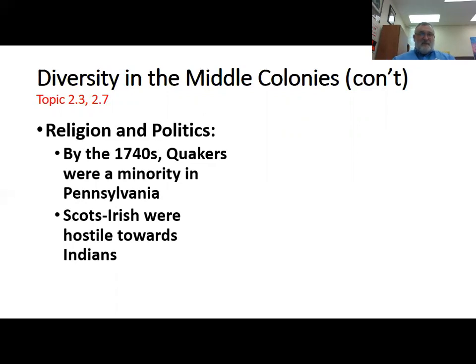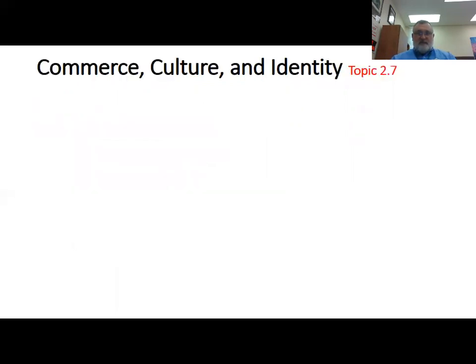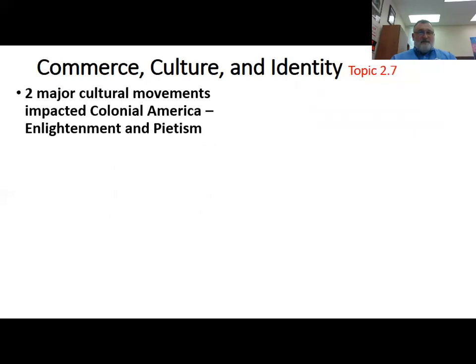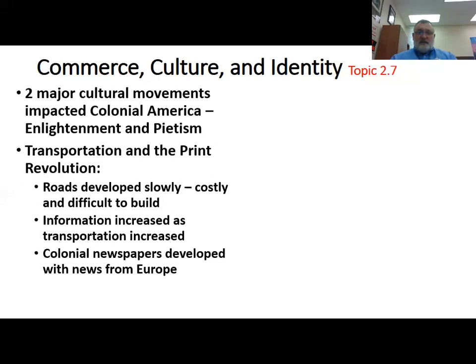And so as these people moved westwards, the good relationships that Pennsylvania had previously with Native Americans began to deteriorate.